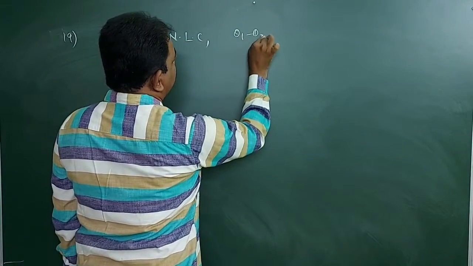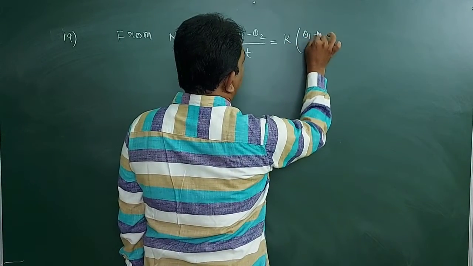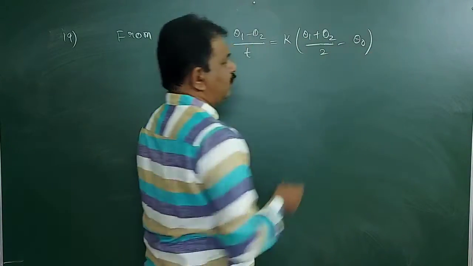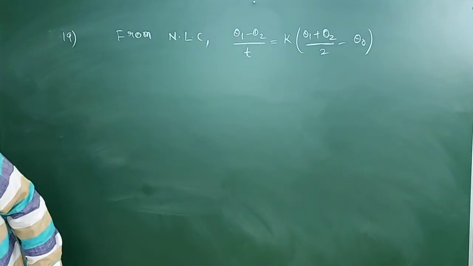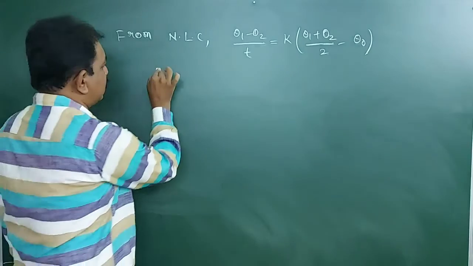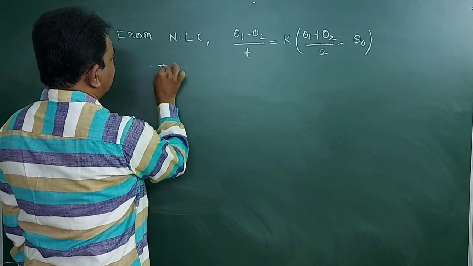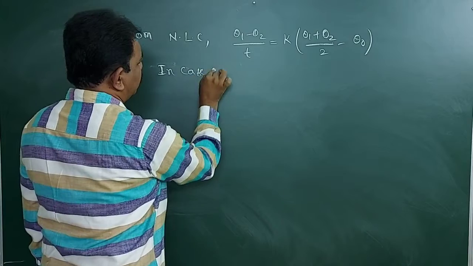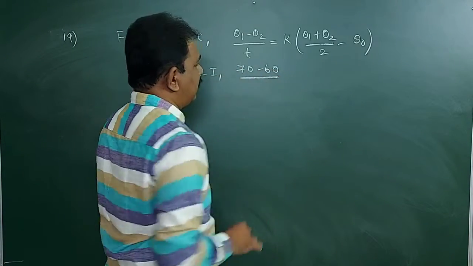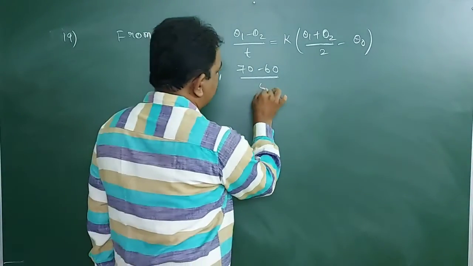Theta 1 minus theta 2 by t is equal to k into (theta 1 plus theta 2 by 2 minus theta naught). So here, in case 1, the temperature goes from 70 to 60 in a time of 5 minutes.